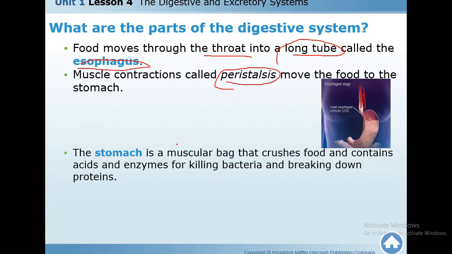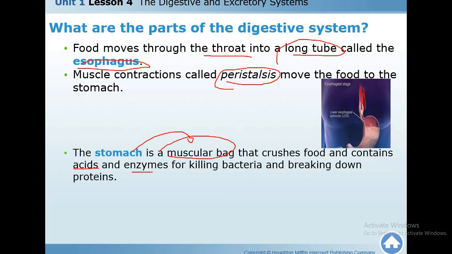The stomach is a muscular bag, made mainly of muscles. This muscular bag crushes food and contains acids and enzymes.